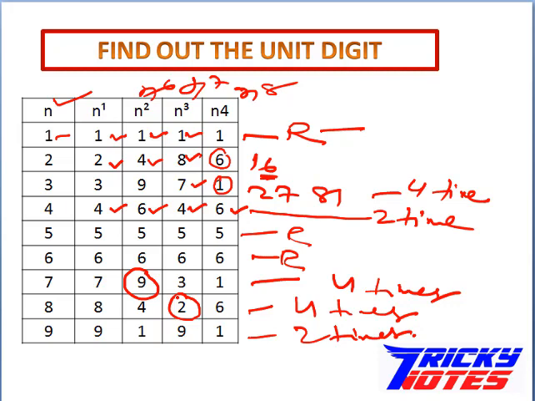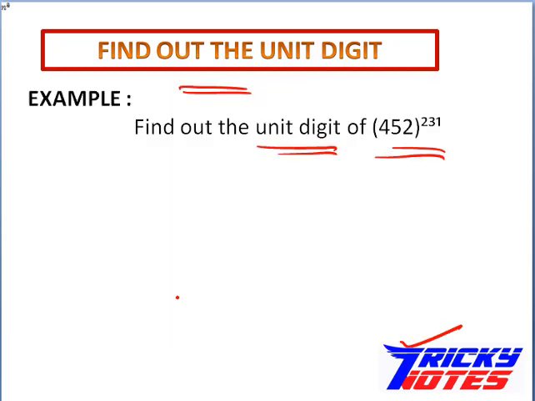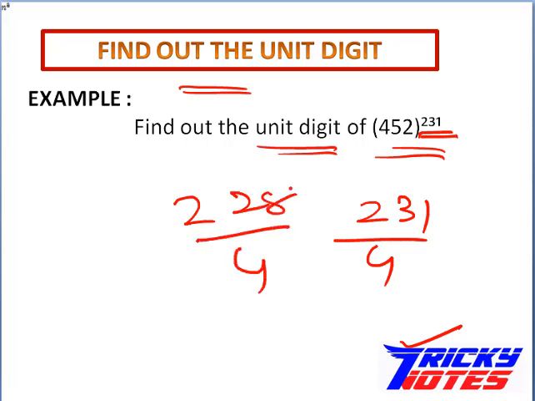If we know this, let's move on to this problem. Here the question is 452 to the power 231. We just need to know whether 231 is divisible by 4 or not. Friends, 228 is divisible by 4 according to the divisibility methods that we have discussed in another video: if the last 2 digits are divisible by 4, the number is divisible by 4.